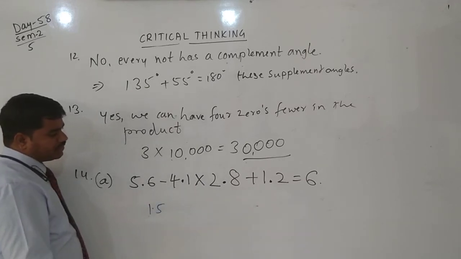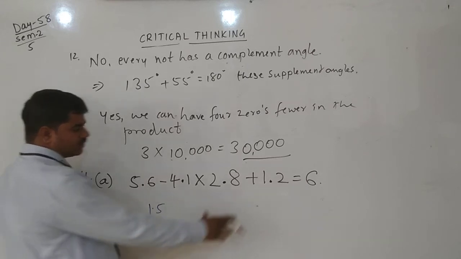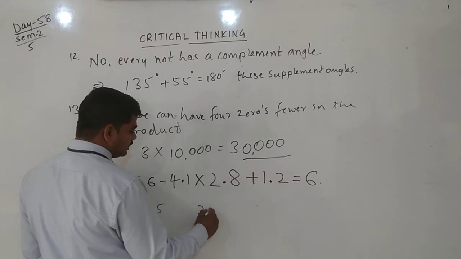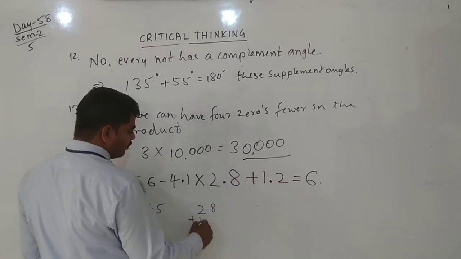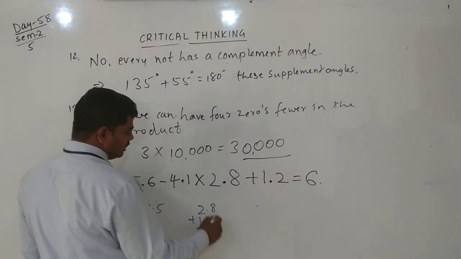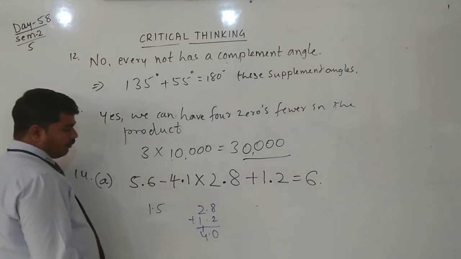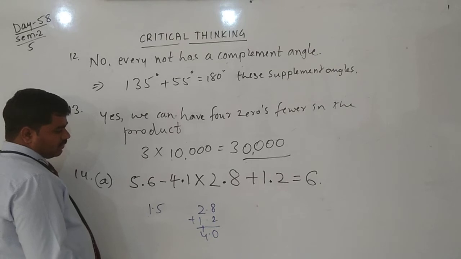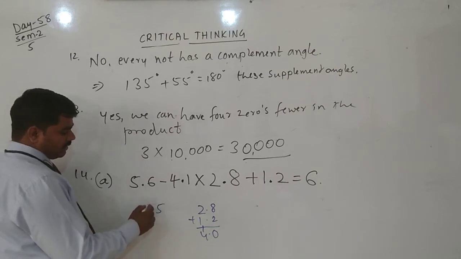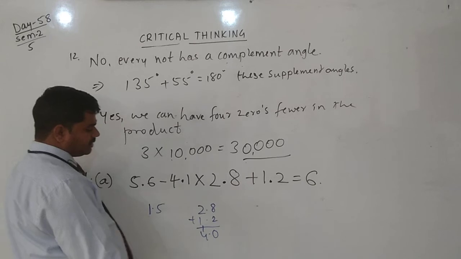Into 2.8 plus 1.2. You add these two, 2.8 plus 1.2, yes, it is 4. 4 plus 1.5 is 5.5 only.